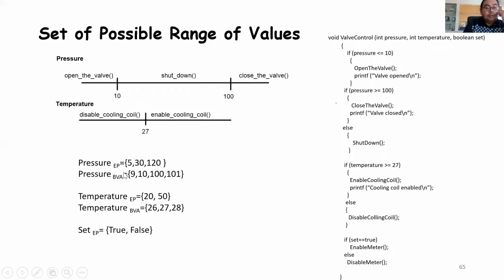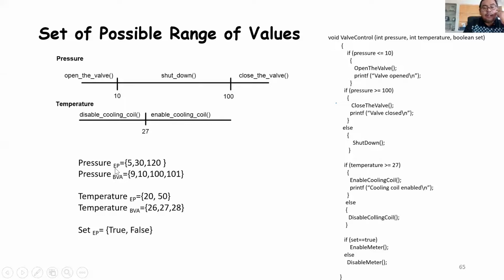For boundary value, I need to test at 9, at the boundary 10, and then at 100, and then at 101, because this is an integer and the increment of an integer is 1. So I don't need to put anything in between, because that is actually equivalent partitioning already.